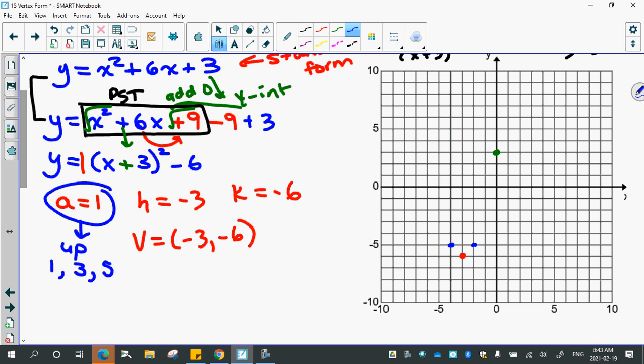And then from this point, I go over 1 and up 3 on both sides. And then from this point, I go over 1 and up 5 on both sides, and I find my y-intercept. And then I go over 1 up 7 on both sides. And then I've got all my points, and I just join them with a smooth curve.